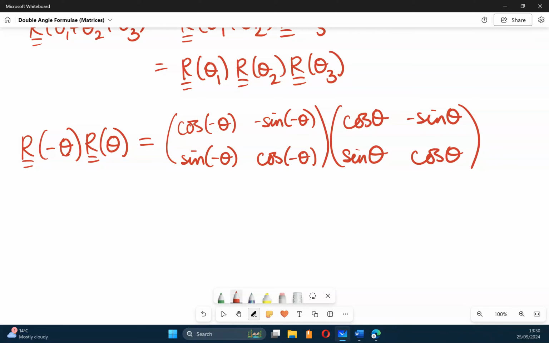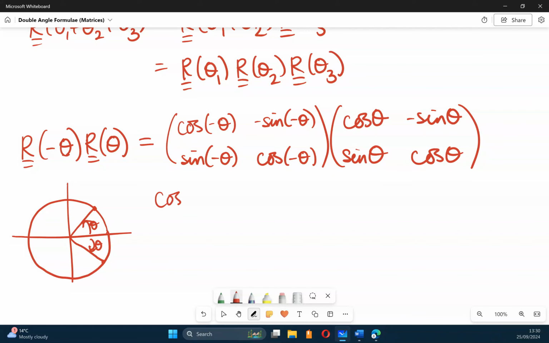Now what we want to do is simplify the minus theta expression. And what we can do is use the unit circle to say that we know theta is measured anti-clockwise here. So if I were to measure minus theta, so it's going the other way, going clockwise, well, the x coordinate is still the same. It's only the y coordinate that changes.